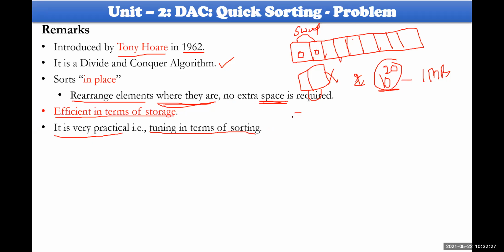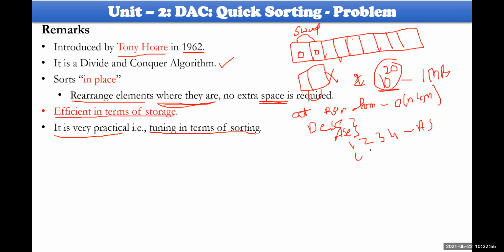if data is at random, the performance will be big O of n log n. So if data is either in descending order or ascending order, for example ascending order, 1, 2, 3, 4, this is ascending order.